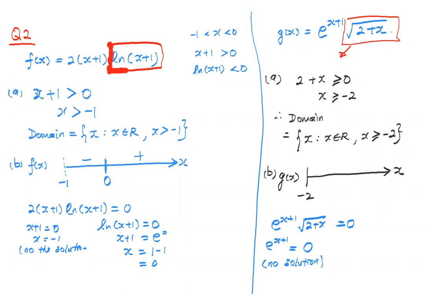And square root of 2 plus x equal to 0, so x equal to -2. It happened to be the last point of the domain, so I shouldn't mark anything on the line. You know that the exponential is definitely positive, so the whole thing is positive.